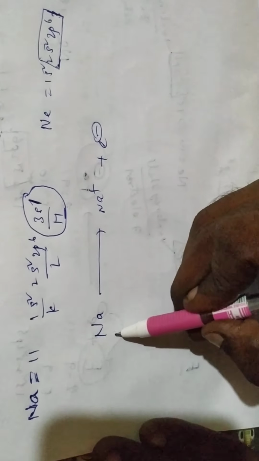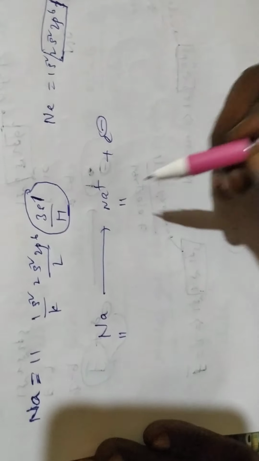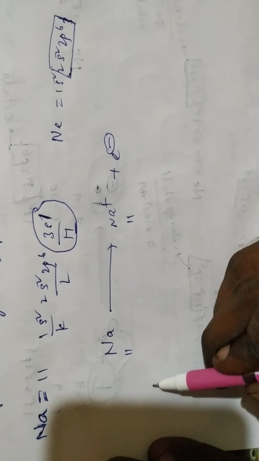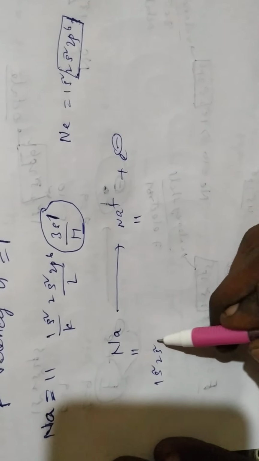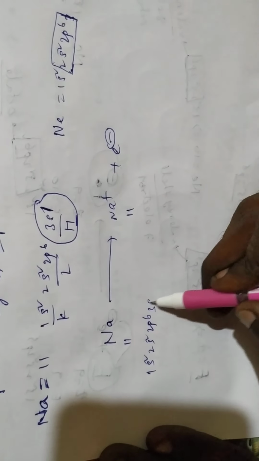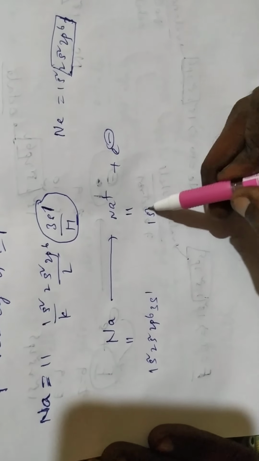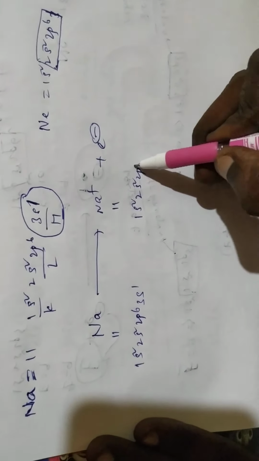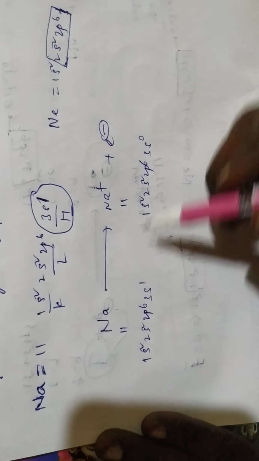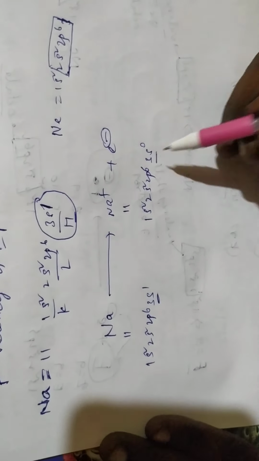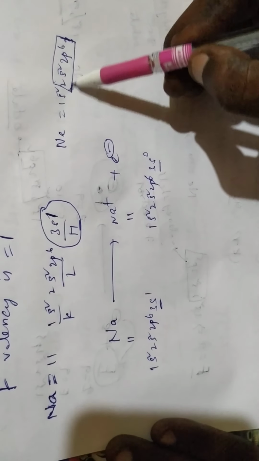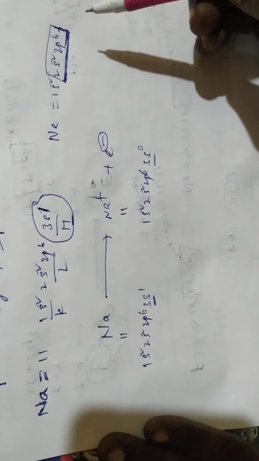Here the atomic number is 11, with configuration 1s2 2s2 2p6 3s1. Here it is 1s2 2s2 2p6 3s0. The valence electron of sodium is lost to get an electronic configuration like neon.